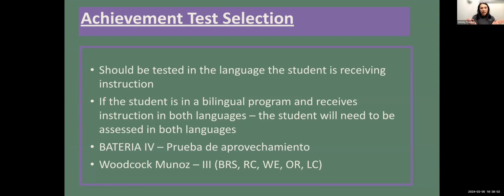One that has the 6 areas of testing is the Aprovechamiento out of the Batería. You can also pull some other achievement tests from the Woodcock-Muñoz, but if I'm going to stick to one, I want to gather all my information from one battery.